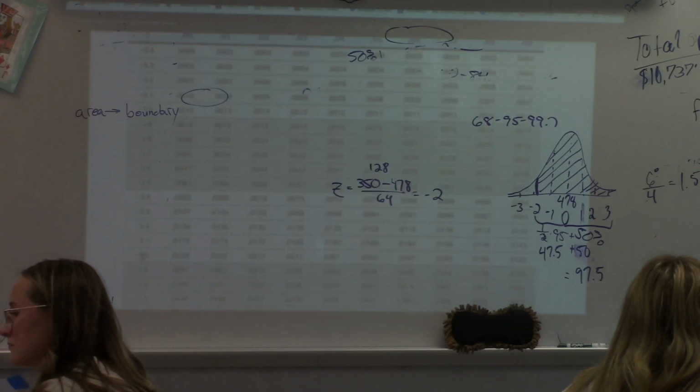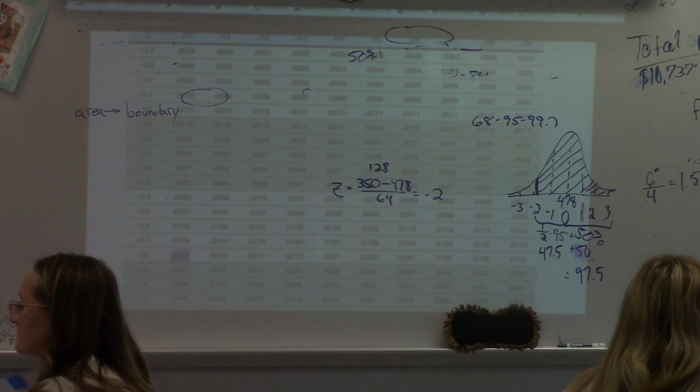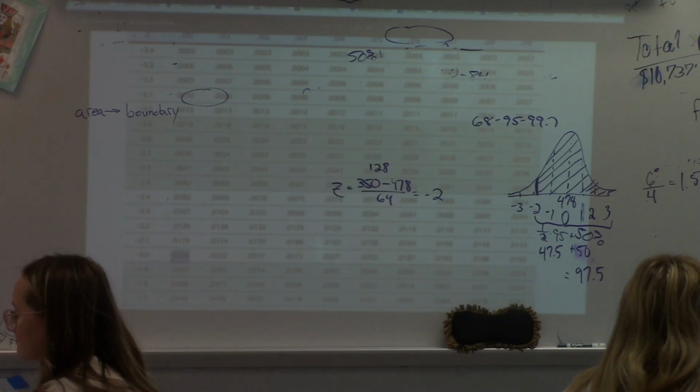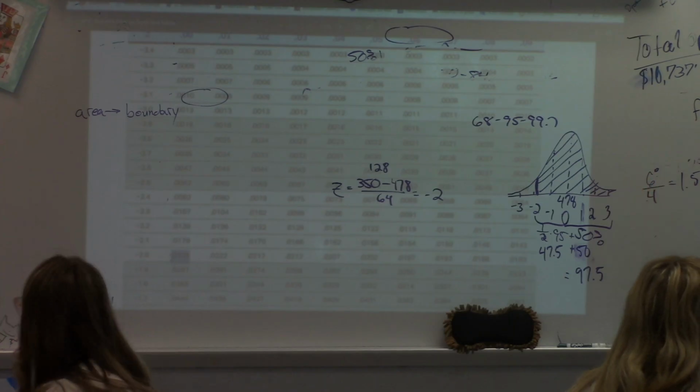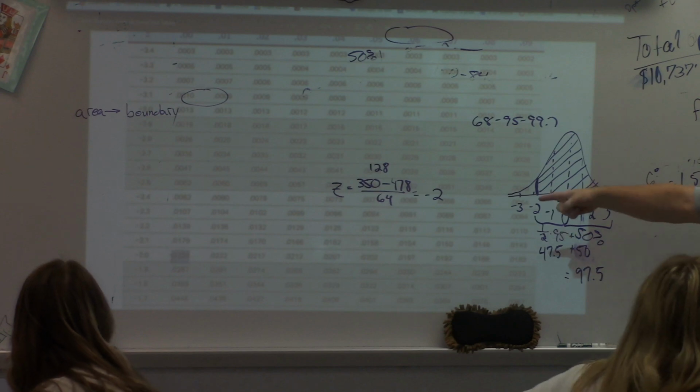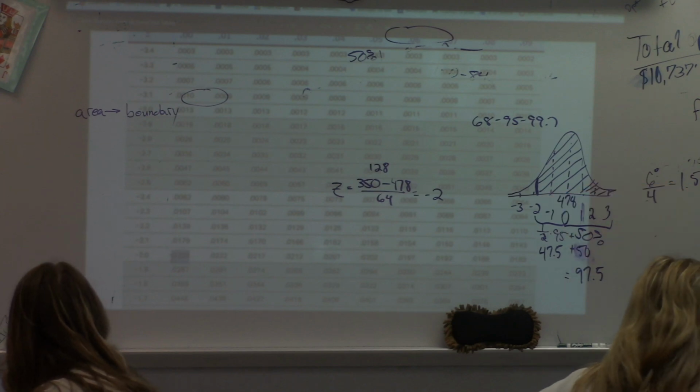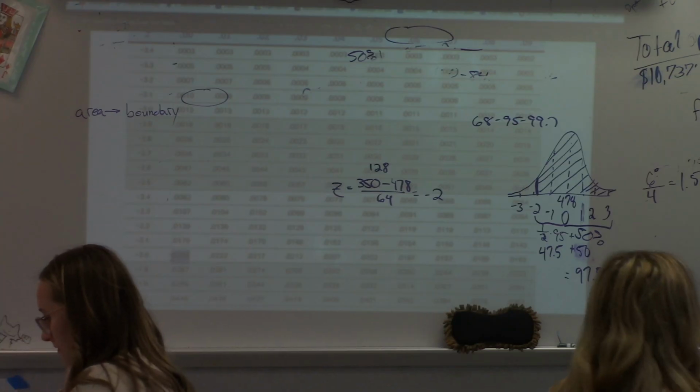So notice that's 0.0228. What's 1 minus 0.0228? 0.9772. Remember that 0.977 we saw earlier? So my point is that the calculator is a blessing.